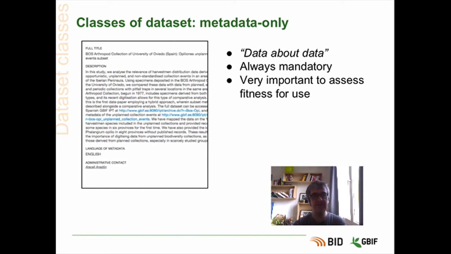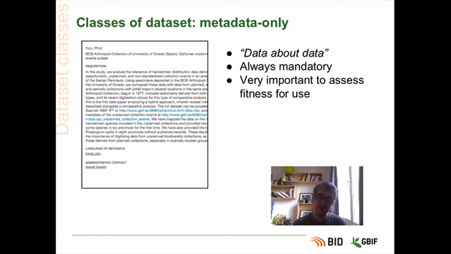This metadata is very important from the user point of view. If a person wants to use your data, he or she will need to assess the fitness for use. And to do so, he or she will need to have access to the metadata.